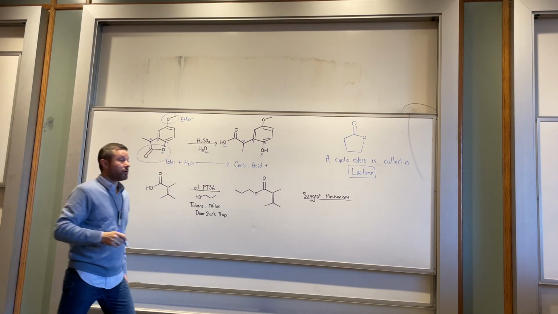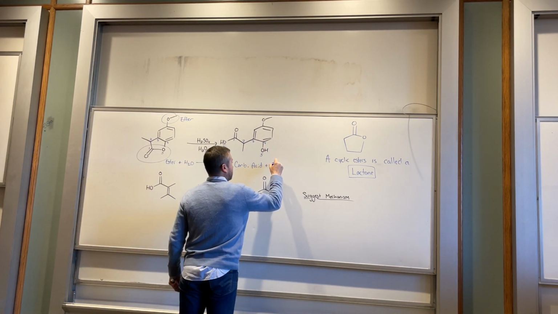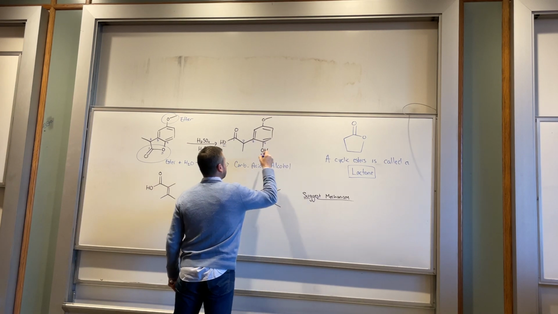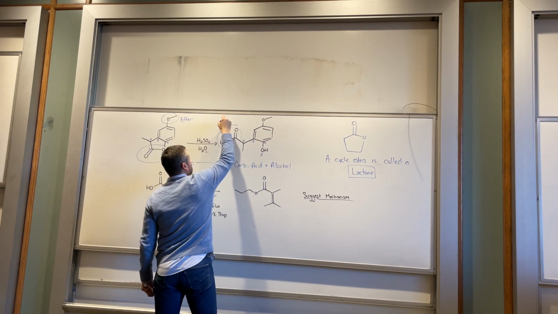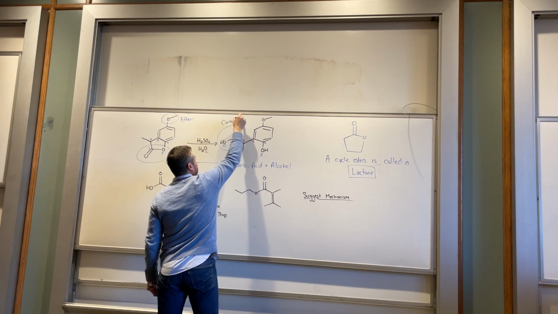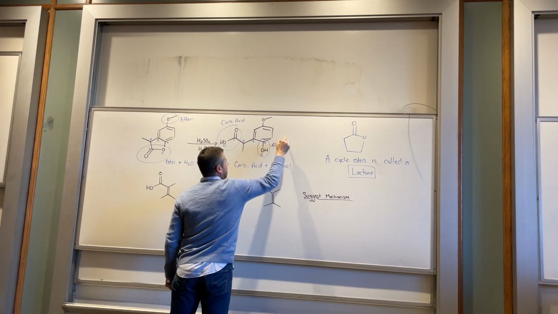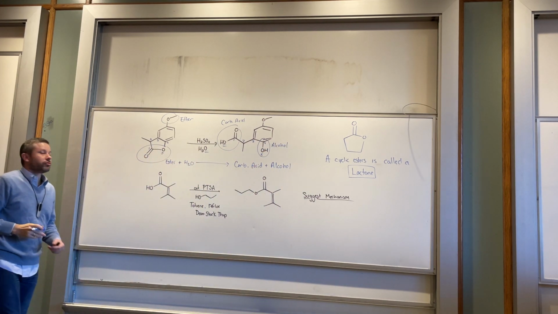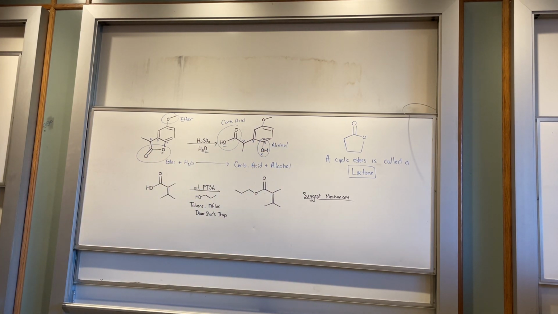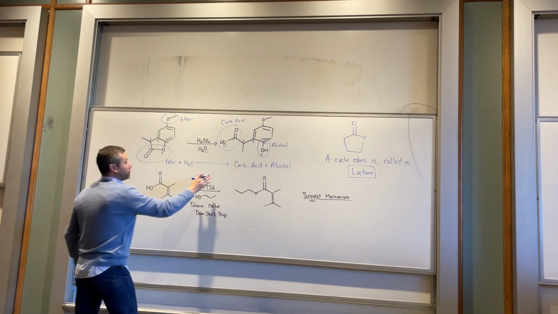An alcohol, good. So if we take an ester and hydrolyze it with water, we're always going to make a carboxylic acid and an alcohol. This reaction is reversible.